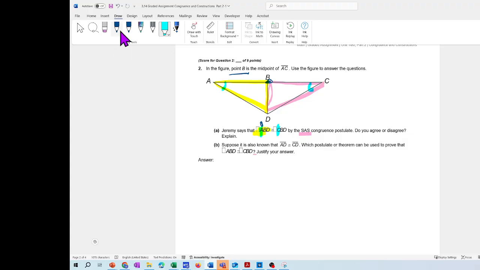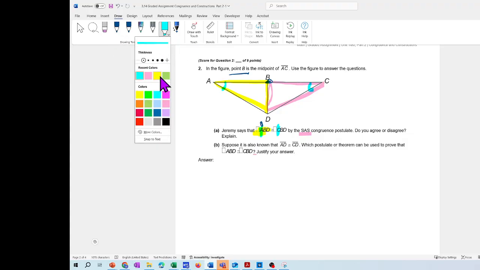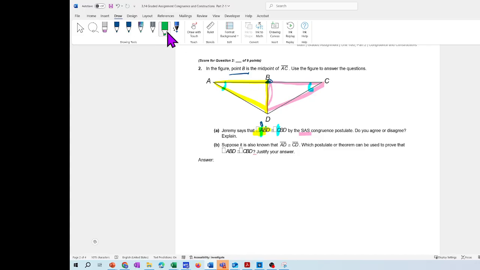Angle B, get what happens here to a green. Angle B is congruent to angle B. It is, right? Because this is the same angle. It's a 90-degree angle. I'm not going to put a curve. I'm just going to put a little square because they're congruent and they form a line which is 180 degrees.